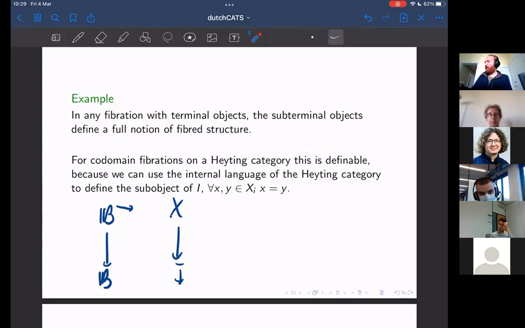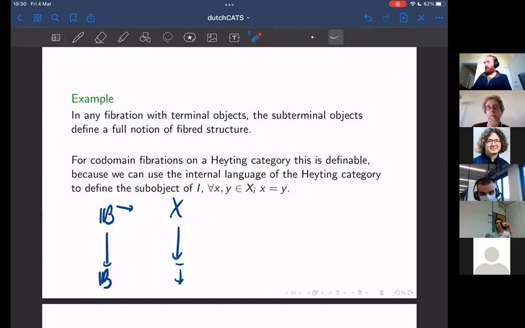This always gives us a full notion of structure on the fibration, and it may or may not be definable. Now in an interesting special case, codomain fibrations on a Heyting category, it is definable. The reason is we can define this property of being subterminal in the internal language of the Heyting category.